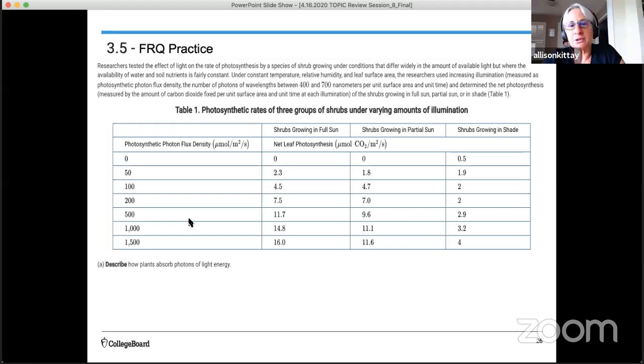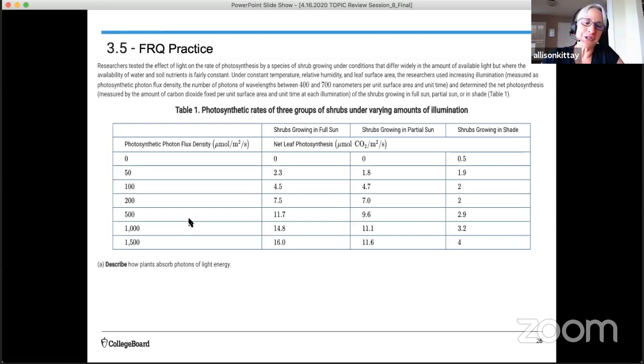Under constant temperature, relative humidity, leaf surface area, so more constants, the researchers used increasing illumination, which is measured as the photosynthetic photon flux density, the number of photons of wavelengths between 400 and 700 nanometers per unit surface area and unit time, and determine the net photosynthetic rate. And that was measured by the amount of carbon dioxide fixed per unit surface area and unit time at each illumination. Okay, so that's a lot of information.